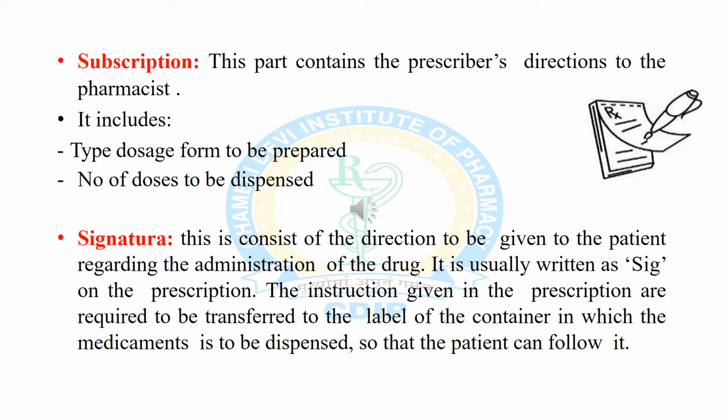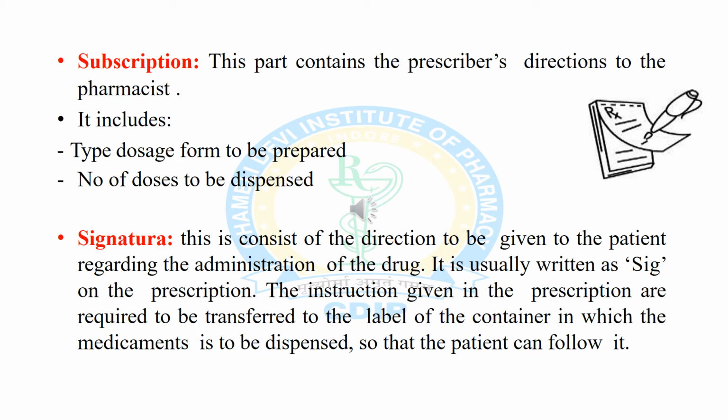So the next one is subscription. This part contains the prescriber's direction to the pharmacist. So it is the direction given by the doctor or physician to the pharmacist. It includes the type of dosage form to be prepared and the number of doses to be dispensed.